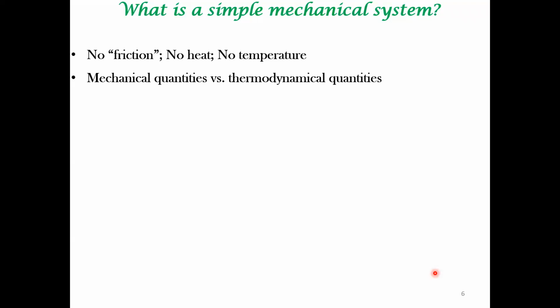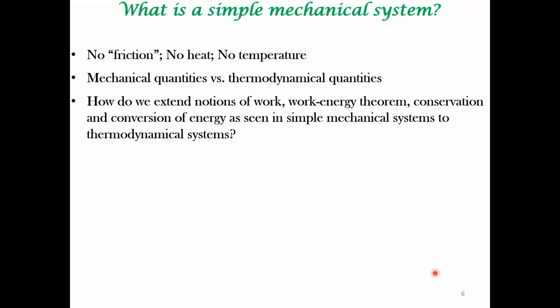So we can differentiate two kinds of quantities. The quantities that are present in this simple mechanical system versus the quantities which we'll be seeing here, okay, in this course, thermodynamic quantities, where the central actor, again, is the temperature. So in fact, the objective of this course is how do we extend notions of work energy theorem, conservation and conversion of energy, as is seen in a simple mechanical system, to a thermodynamic system.